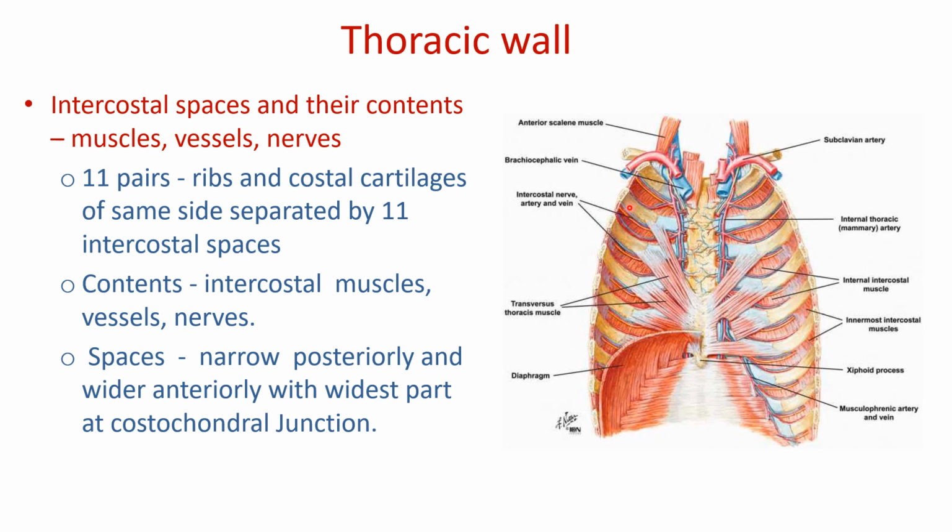So at the costochondral junction they are the widest, whereas they are narrow posteriorly. So the thoracic wall is formed by 12 pairs of ribs and the intercostal spaces in between the ribs.